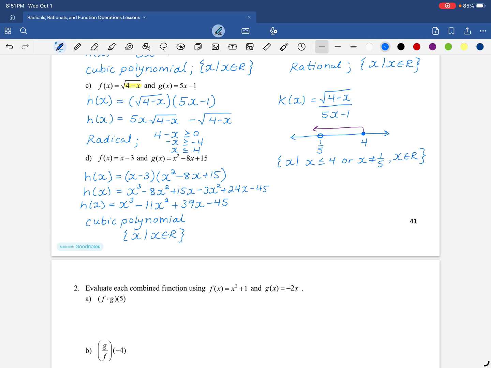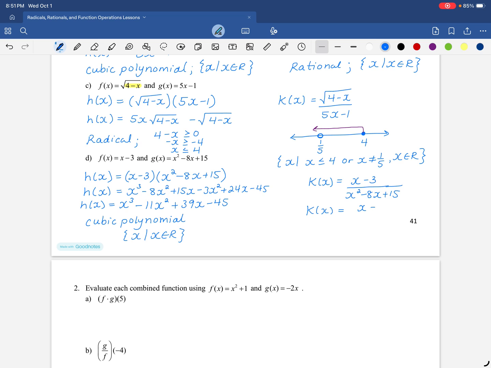Okay, and then we'll create k of x over here. So k of x is going to be the quotient of function f, which is x minus 3, divided by function g, which is x squared minus 8x plus 15. As we saw back in 20-1, also in our previous lesson on rationals, we do now have to factor that denominator. So I'm just going to factor it down here.